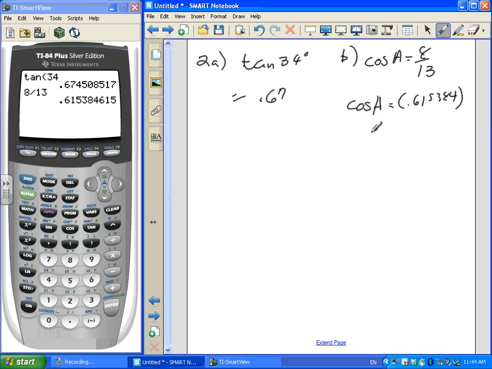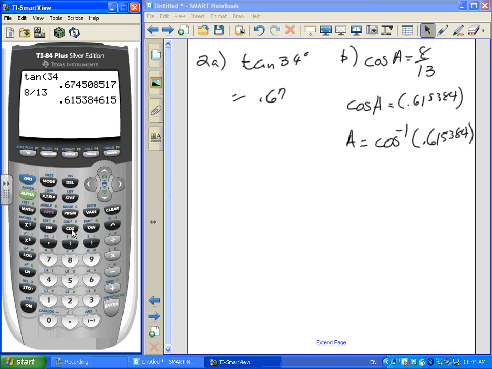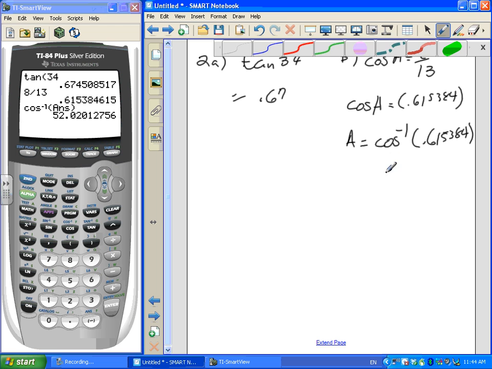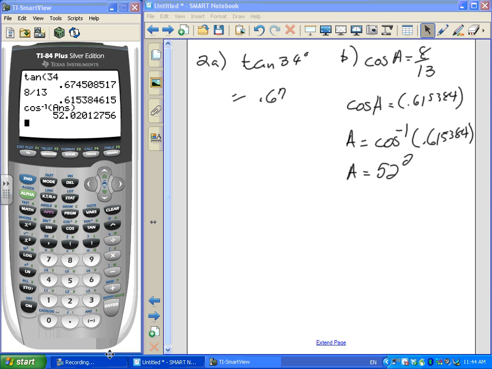You need to move cos to the other side of the equation to solve for A. So when cos goes to the other side, it's inverted to the answer from above. So we're going to do second function cos of the answer. And you would have got 52. So A was equal to 52 degrees.